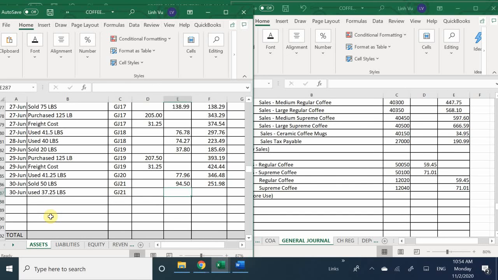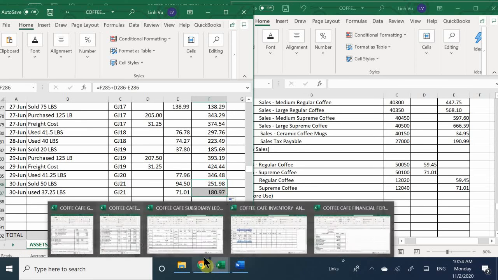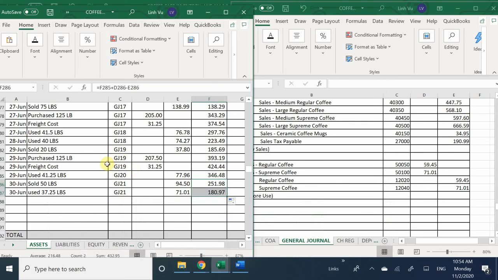And how much was those 37? 71.01, giving me a grand total of 180.97, which does match our inventory on hand. Right? What's the last thing I have to do? Or what accounts do I also have to update? Is what I meant.